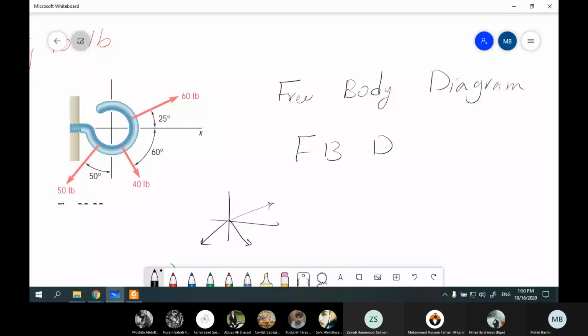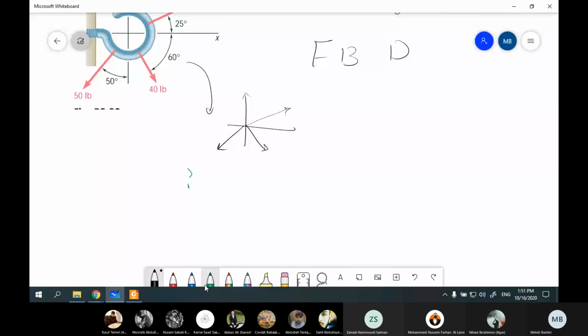Converting this shape into vectors and coordinates and angles and numbers is called finding the free body diagram. So let's first find the free body diagram of this system.